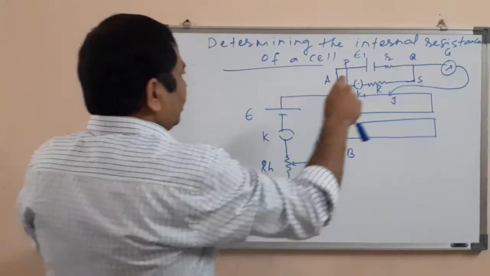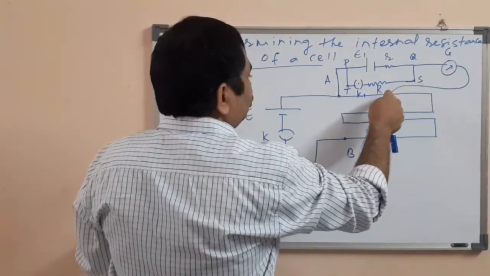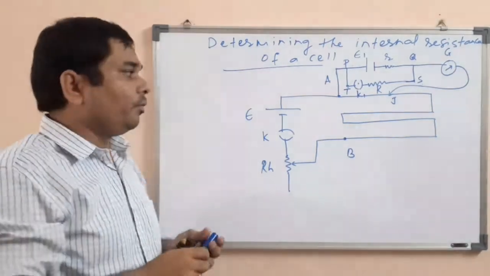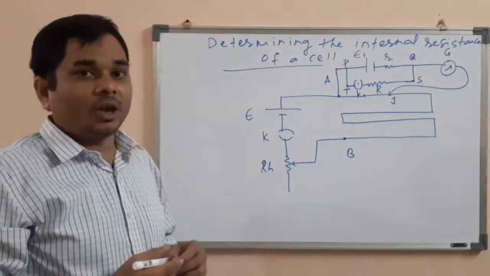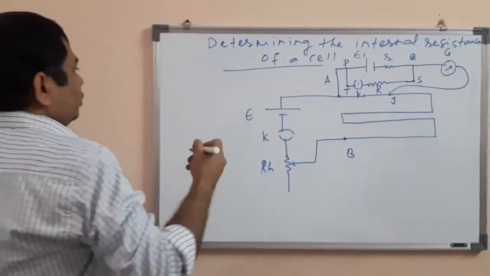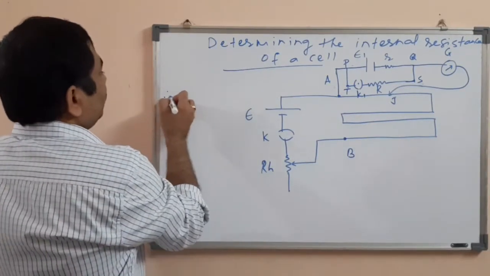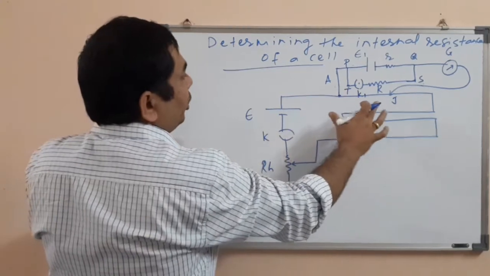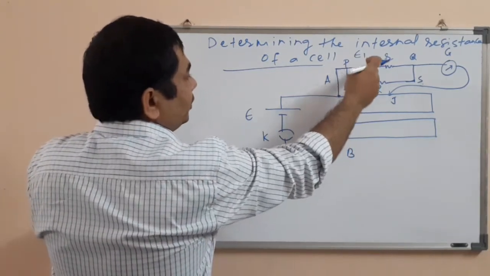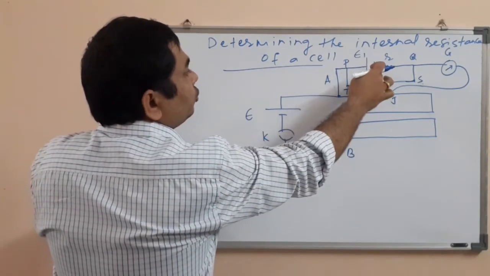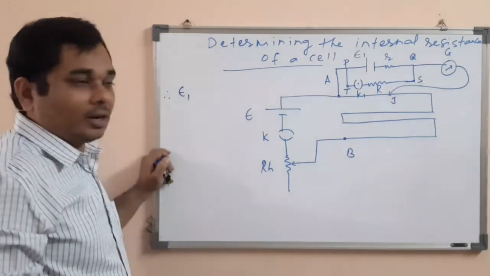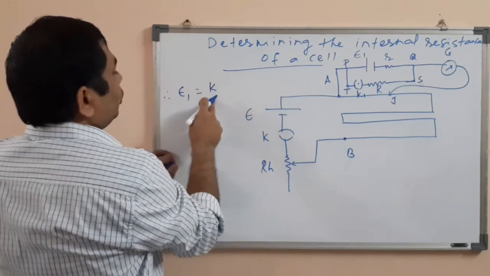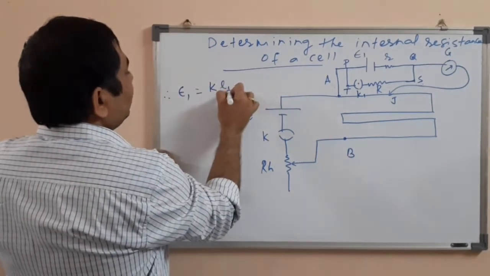So by tapping the jockey at different points, we will obtain the null point, which is suppose at a distance L1. So we have obtained the null point for this EMF of this cell E1, because there is no flow of current through the cell E1. So E1 is equal to the potential gradient for this potentiometer, K, into L1.